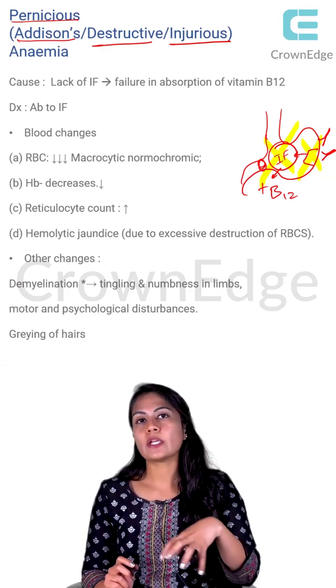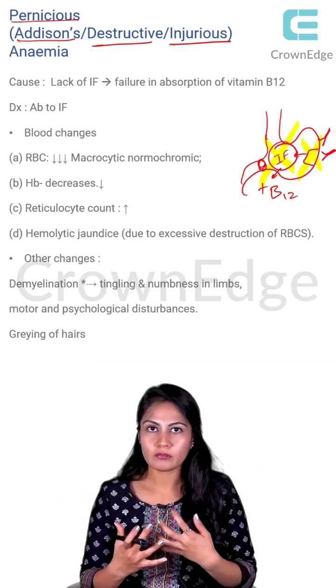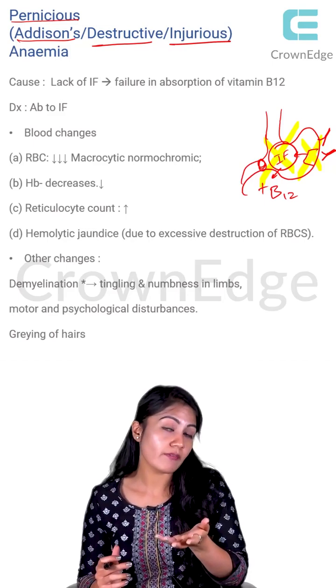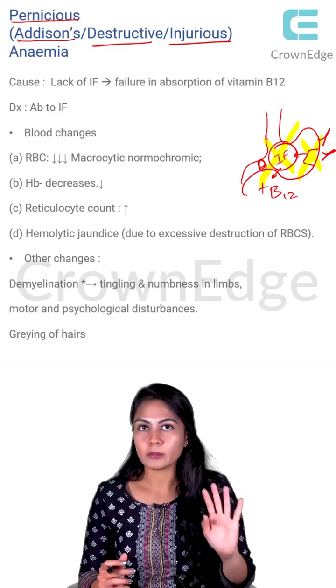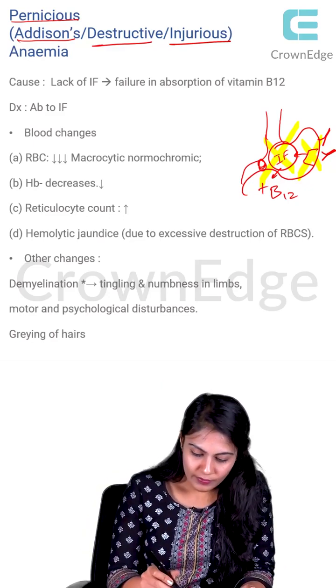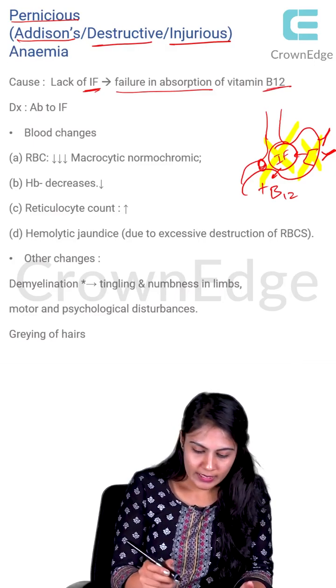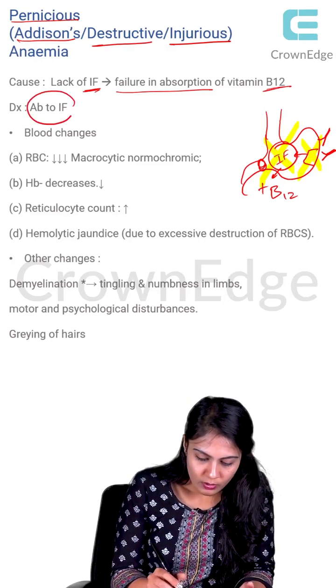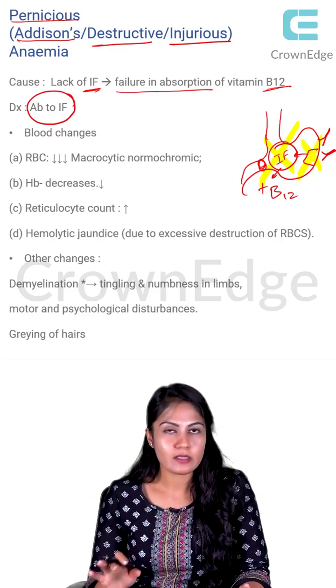The B12 cannot be absorbed because it does not have any protector, which was the intrinsic factor, right? And it gets destroyed before it comes to the terminal ileum. So lack of intrinsic factor causes failure in absorption of vitamin B12, right? And the major cause is antibodies to the intrinsic factor or the parietal cells, right?